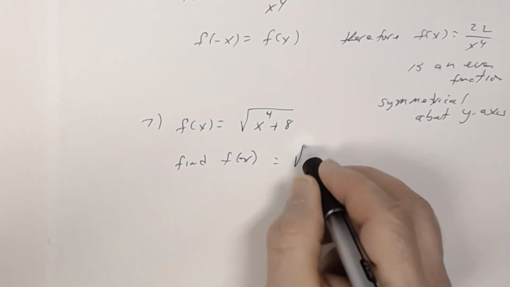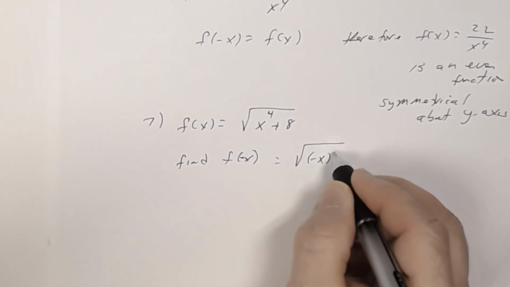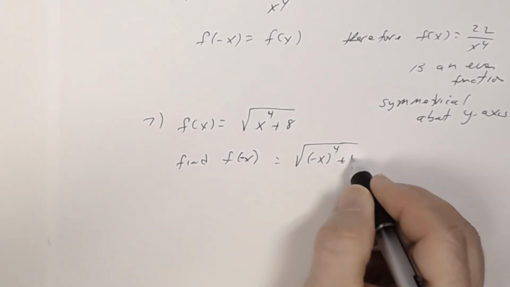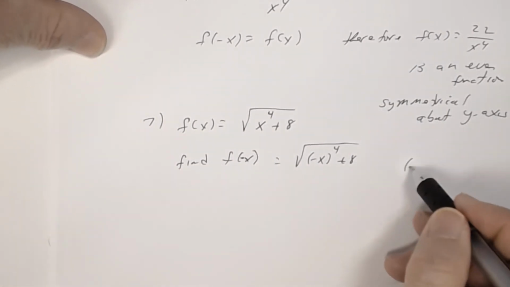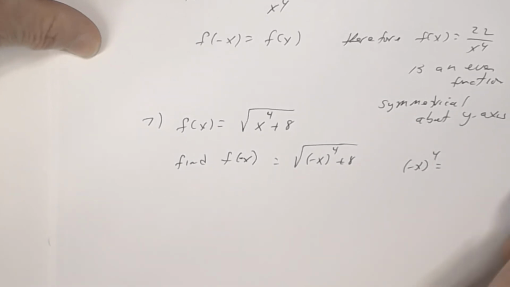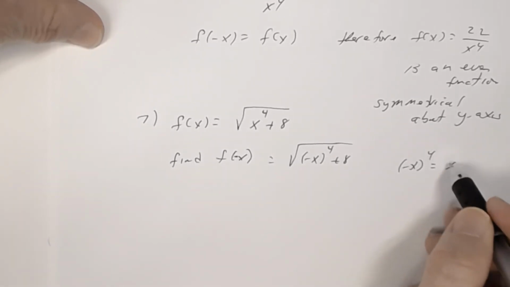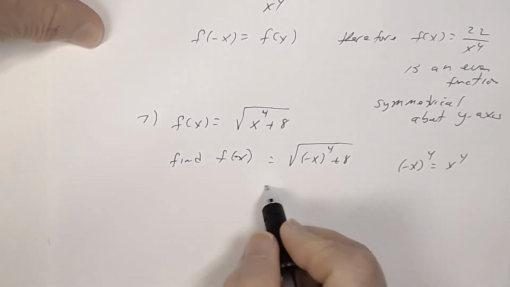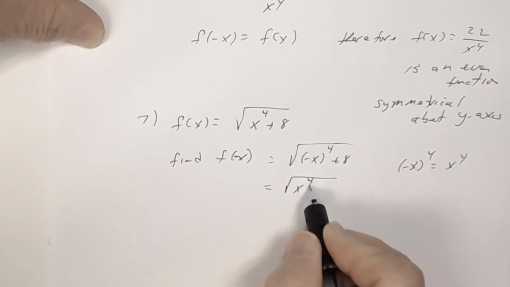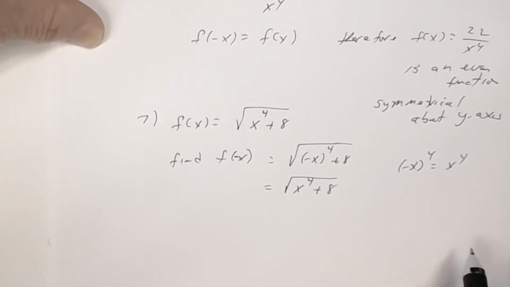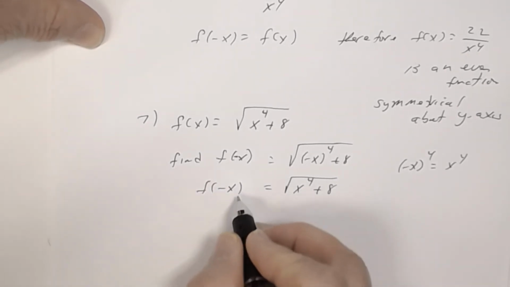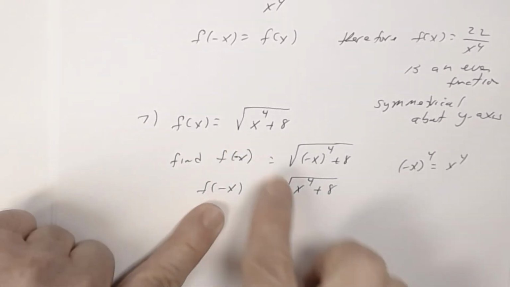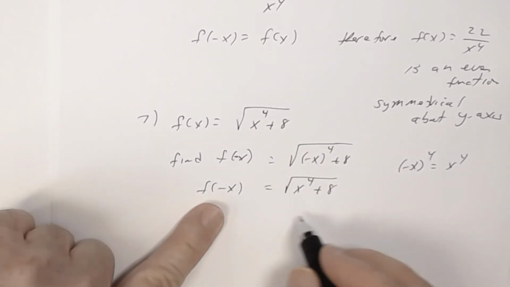So I get the square root of negative x to the fourth power plus 8. And we already talked about negative x to the fourth power, right? Negative x to the fourth power is the same as x to the fourth. So this becomes the square root of x to the fourth plus 8. Now remember, this is f of negative x. What do you notice about f of negative x and f of x? They're the same.